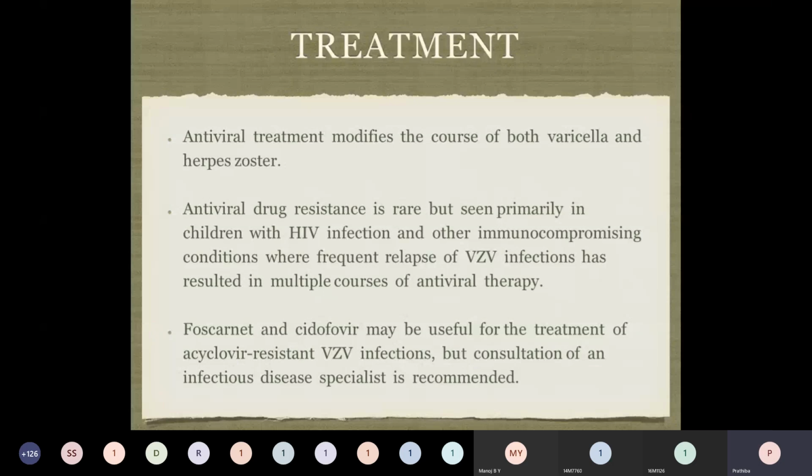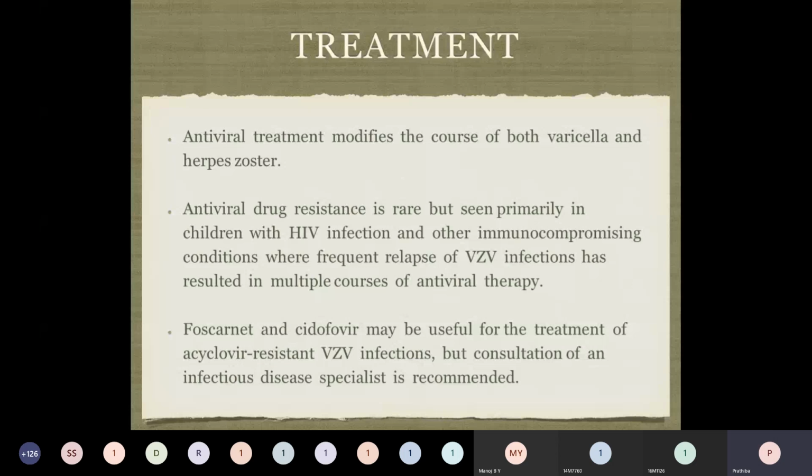Coming to the treatment part, it's an antiviral treatment which mainly modifies both varicella as well as herpes zoster. Antiviral drug resistance is usually rare and primarily seen in children with HIV infection and other immunocompromising conditions, where frequent relapses of varicella infections have resulted in multiple courses of antiviral therapy.